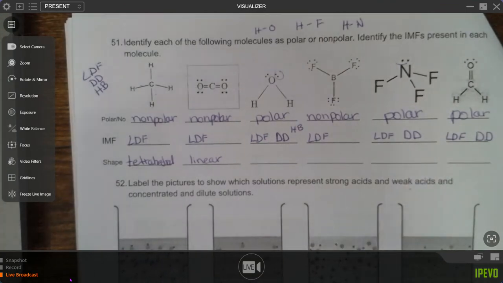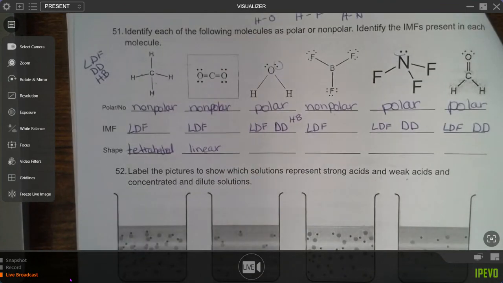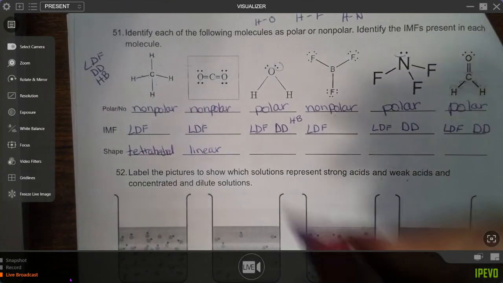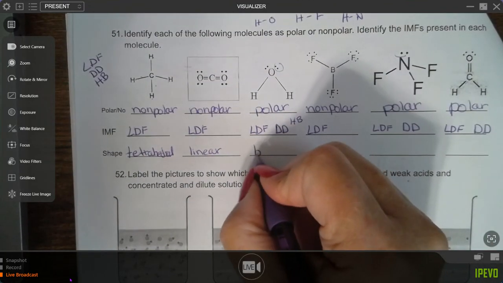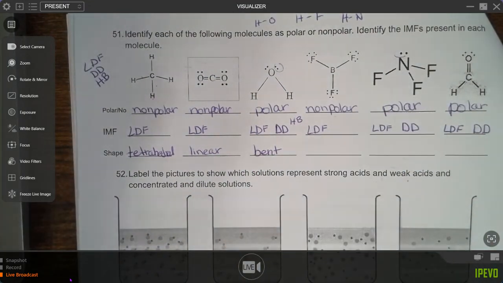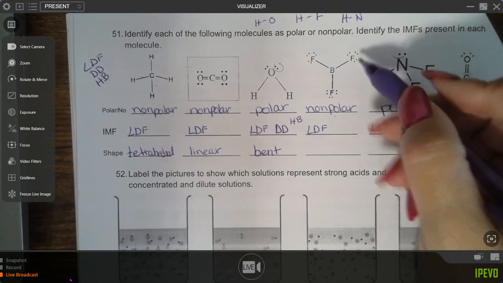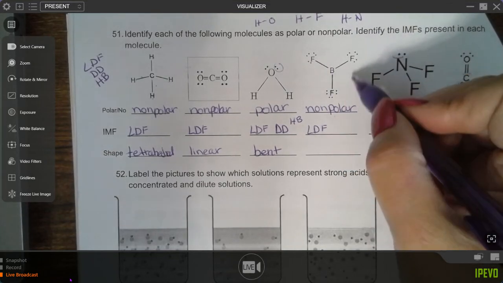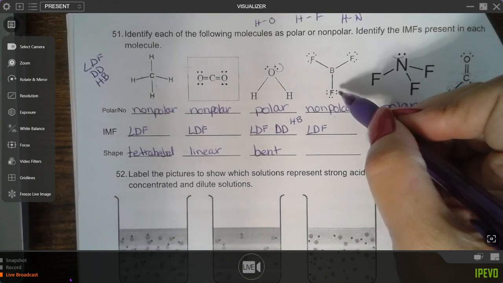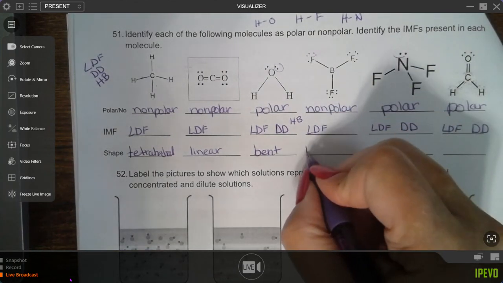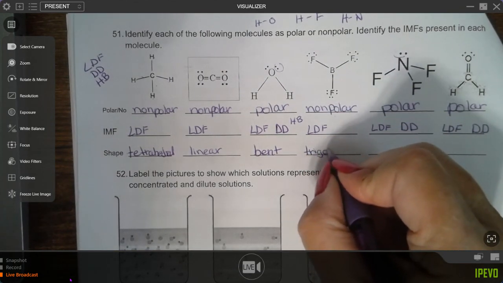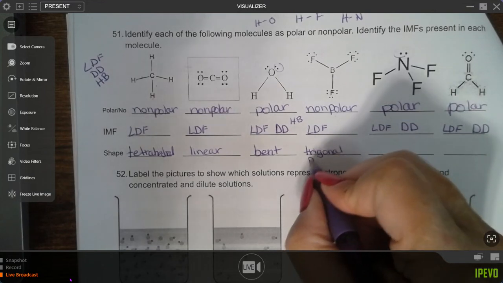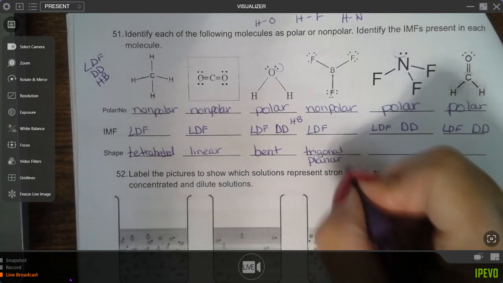And if you have questions about these, just shoot me an email or we come into class and we can talk about it. Water, we said was bent. We already did some of these. Boron trifluoride. This has 3 electron domains. All of them are atoms, no lone pairs of electrons. So this is a trigonal planar shape.